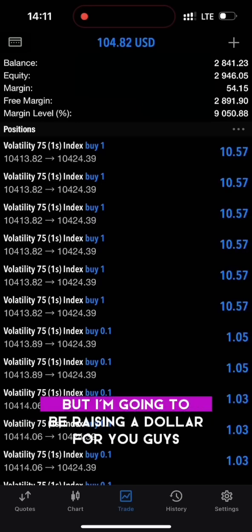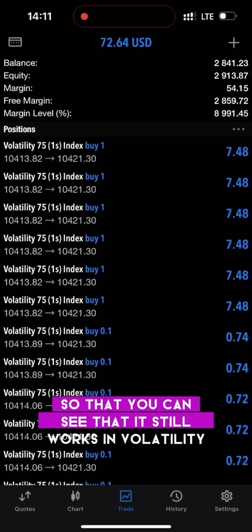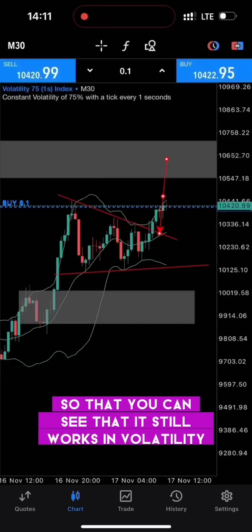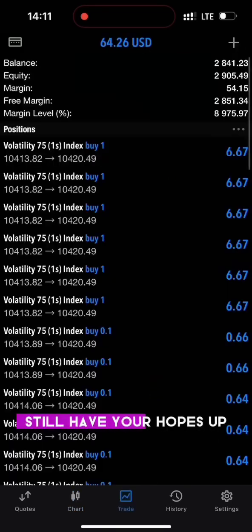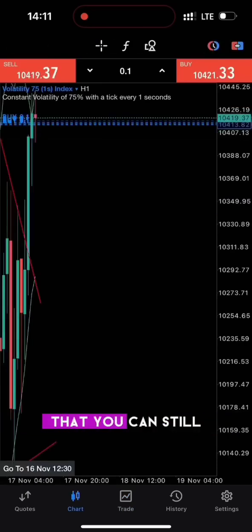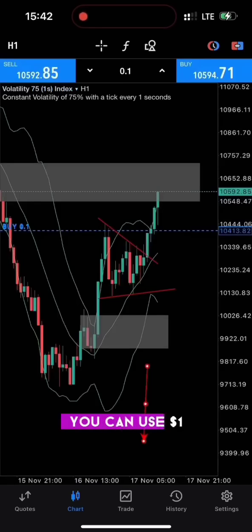But I'm going to be raising $1 for you guys so that you can see that it still works in volatility 75 (1s), so that you can still have your hopes up. If you blow your account, you can use $1 to bring your account back.